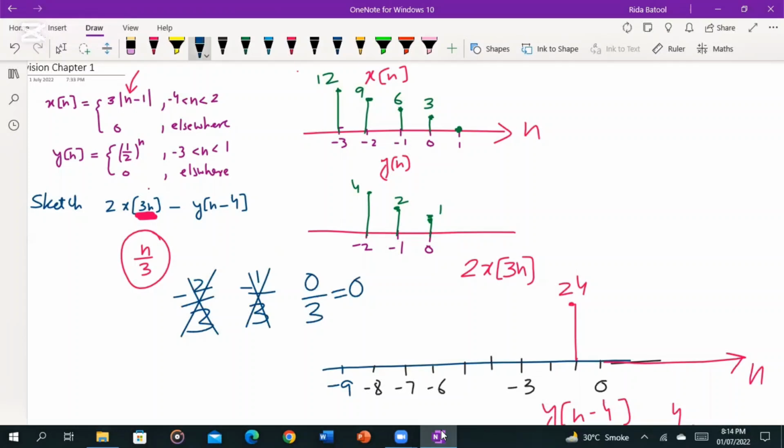So you have to sketch this at 0, and you have to multiply the value of x of n by 2. So 3 twos are 6. So we are getting only two samples, at minus 1 and at 0. Is it clear? Yes, sir.